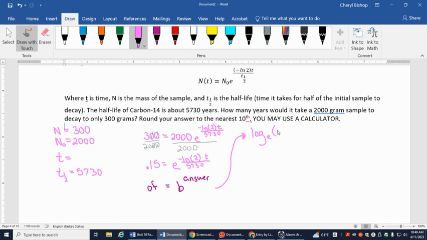Oh, sorry, what's the log of? I lied. 0.15 equals the log of, what's the answer? Yeah, that's my negative ln of 2, times t over 5730.